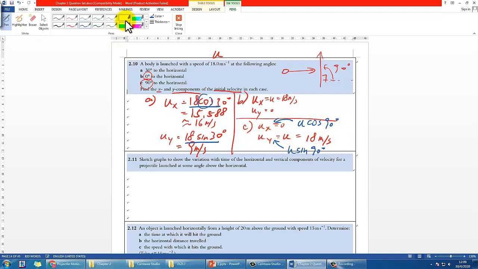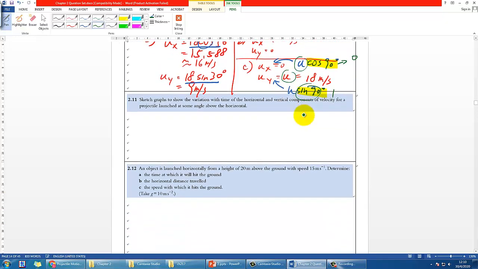You should know that cosine 90 equals 0, so no matter what u is, it will become 0. And sine 90 is simply 1, so it will simply be equal to your initial speed, 18, u itself. That explains mathematically it is totally valid. This is actually a pretty good question.